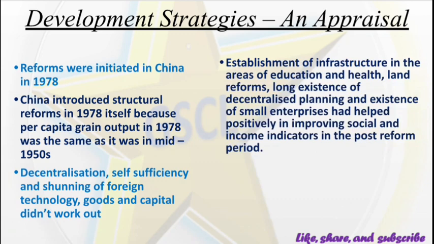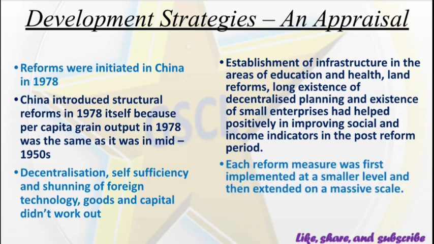through the commune system, equitable distribution of food grains and massive expansion in health care facilities were provided in China. As a result, they did well in terms of human development indicators and demographic indicators.